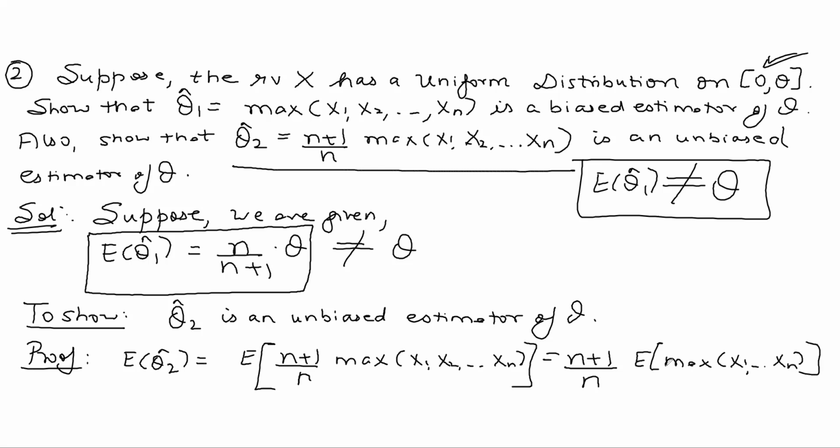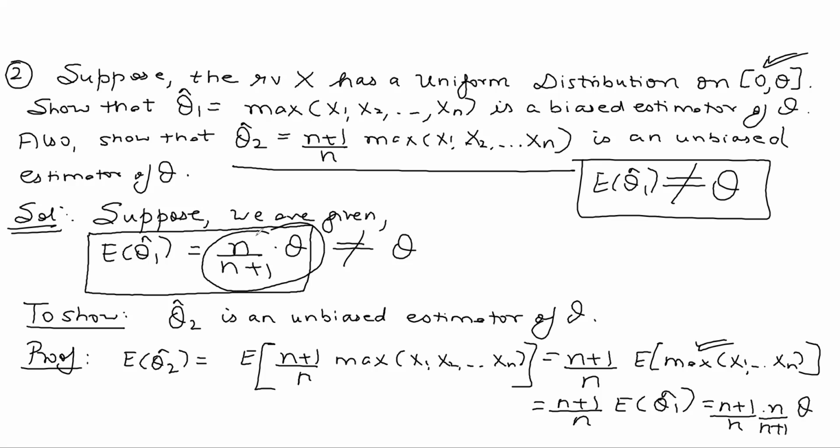Now, max of x1 to xn is nothing but theta 1 hat only. And the expected value of theta 1 hat was given to us in the question as n upon n plus 1 times theta. So you can see n and n cancel, n plus 1 cancel. So we get expected value of theta 2 hat equal to theta.